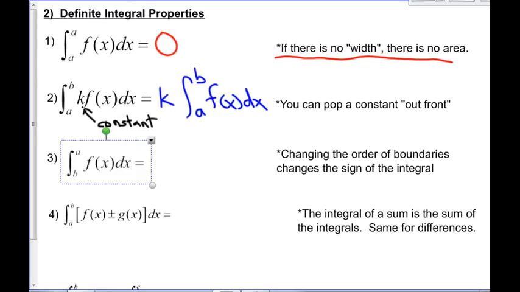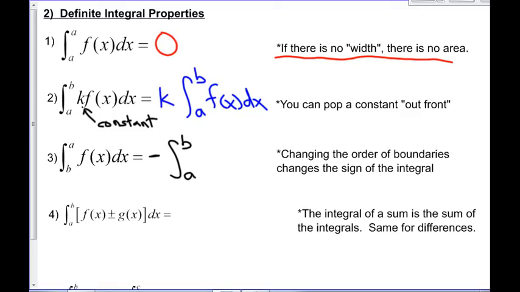Okay, the next property. The integral from b to a is just the negative of the integral from a to b of f of x dx. So changing the order of boundaries just changes the sign of the integral. We'll see why later on in the video when we do the algebraic versions of definite integrals and the fundamental theorem of calculus.